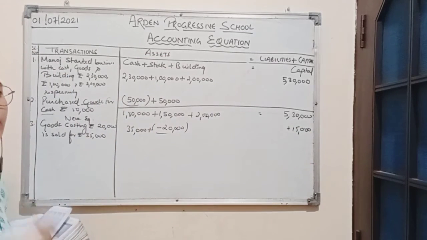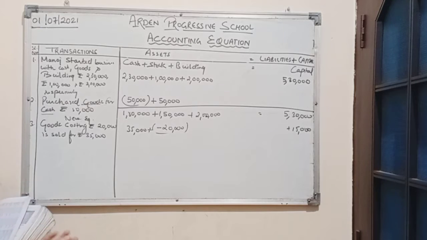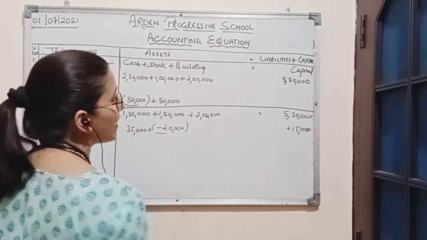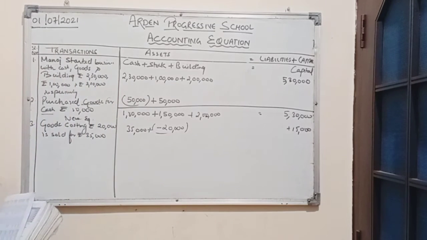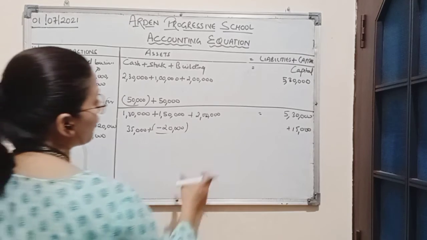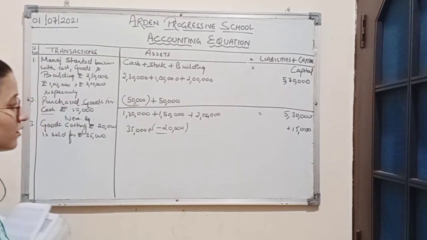We know whatever income is earned by the firm, it is added in the cash as well as the capital column, and expenses are deducted from the cash and capital column. And if the firm is earning profit by selling goods, that profit will be added in the capital column.